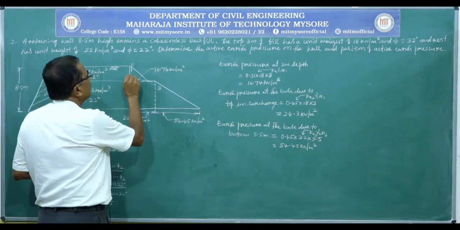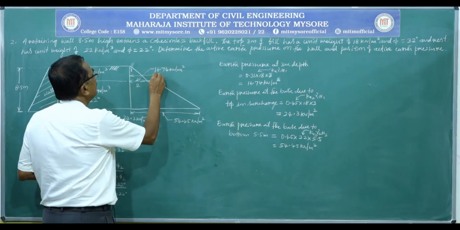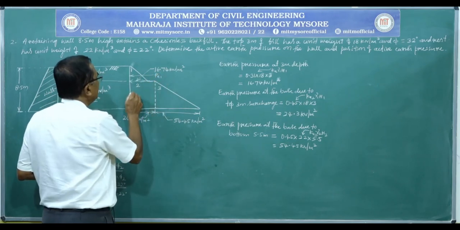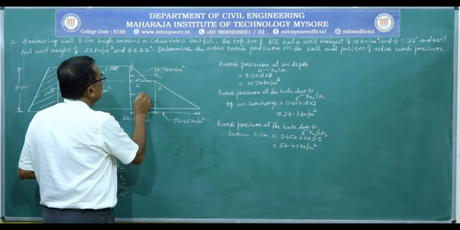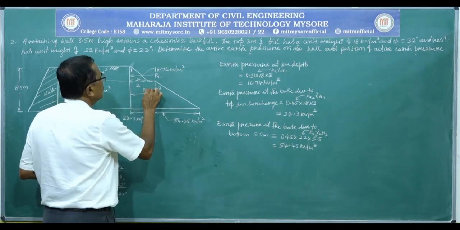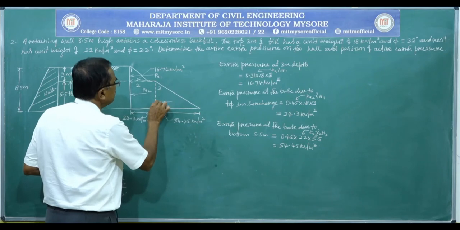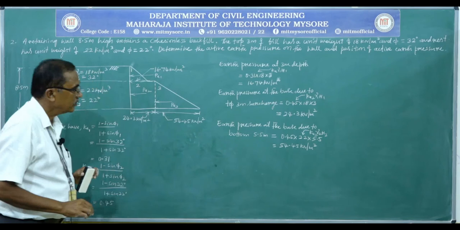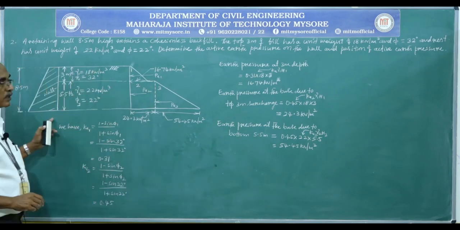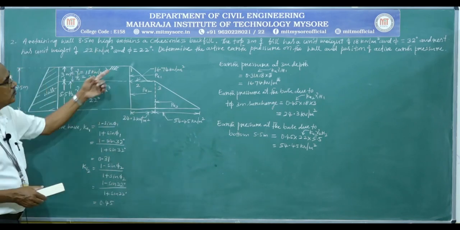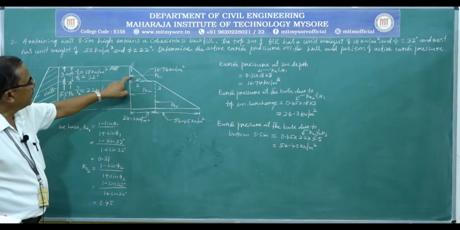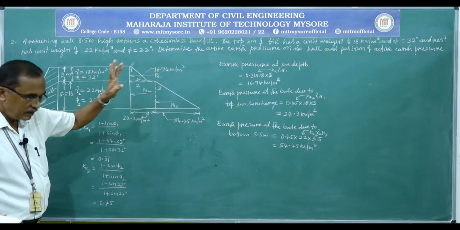So, mark the pressure acting on the triangular portion as say PA1 and on the rectangular portion as say PA2 and on the triangular portion it is PA3. So, total active earth pressure acting on the wall is equal to the sum of the earth pressures acting on this triangular portion, rectangular portion and triangular portion.